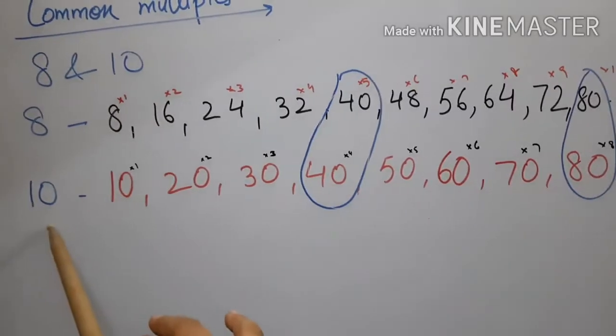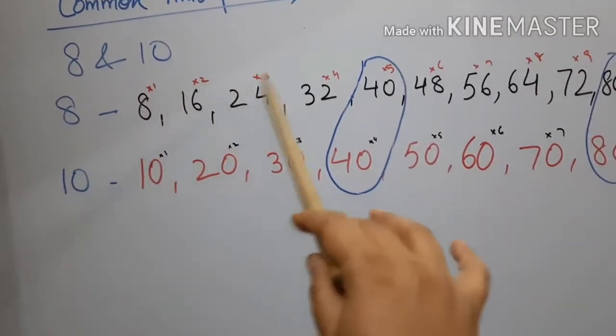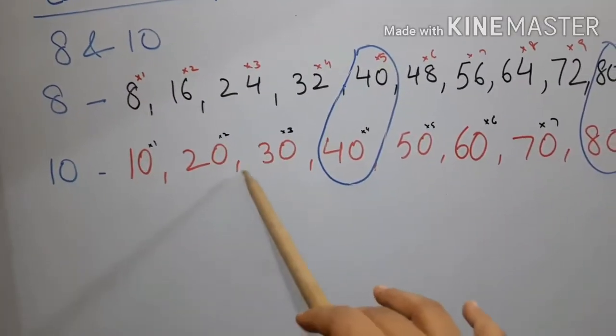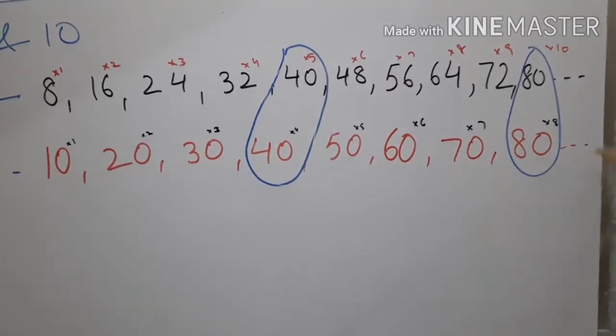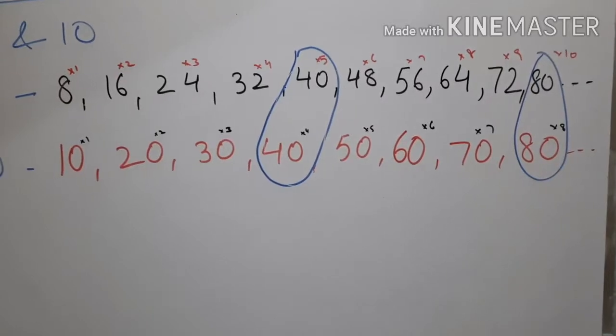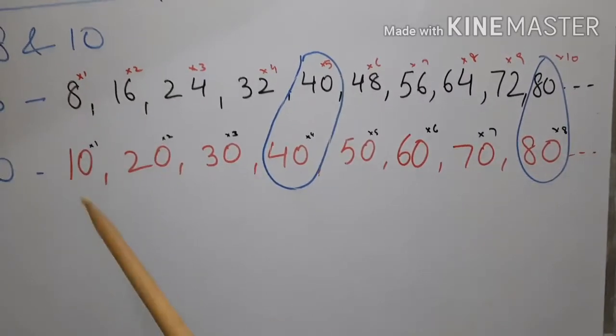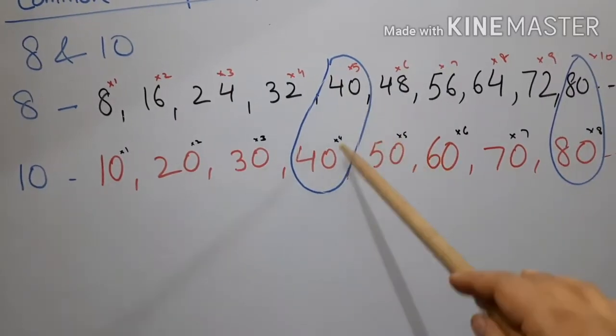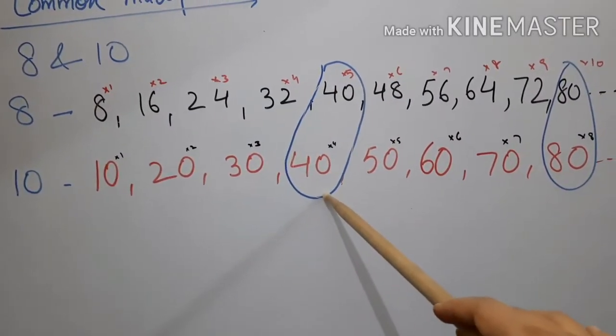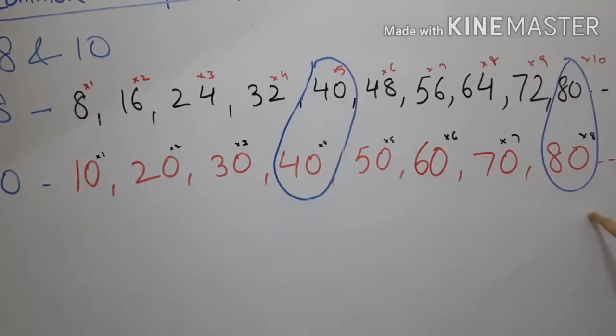The same way, we multiply 10 with 1, 2, 3, which gives you 10, 20, 30, 40, 50, 60, 70, 80 and so on. As I have to find two common multiples between 8 and 10, they are 40, as it is common between the two numbers, as well as 80.